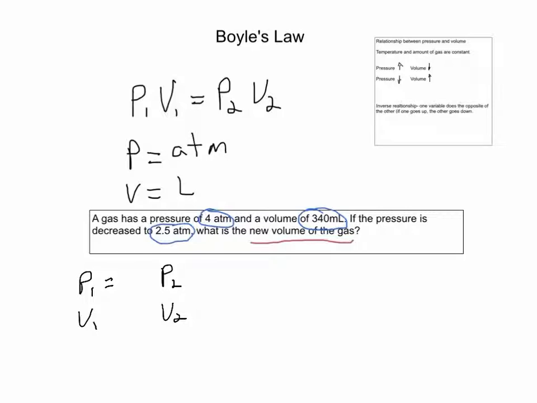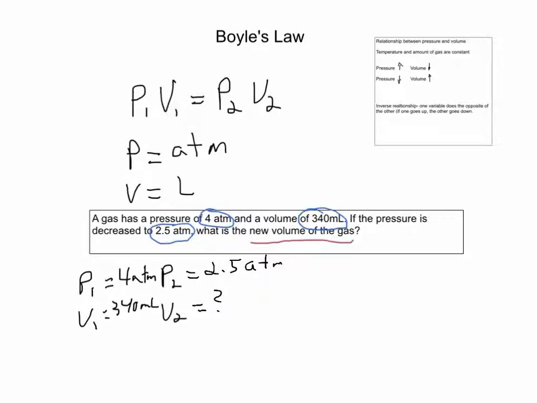If I call 4 atmospheres P1, that means I must call its volume, 340 milliliters, V1, because this pressure goes with this volume. That means that P2 must be 2.5 atmospheres, and V2 is the volume that I'm looking for.